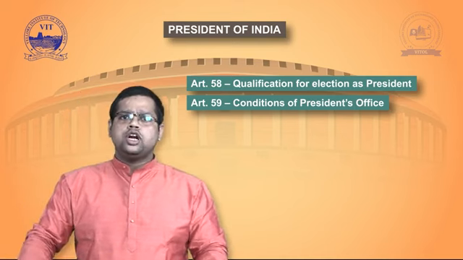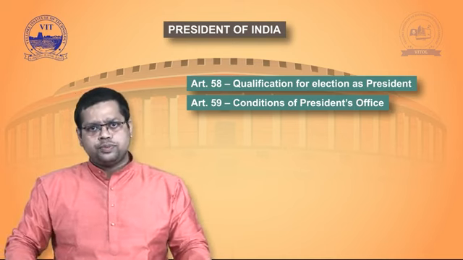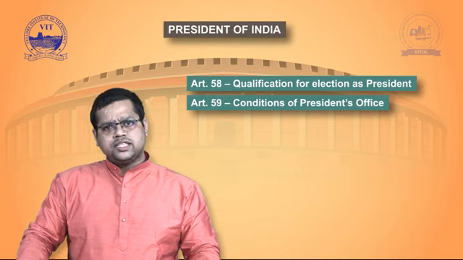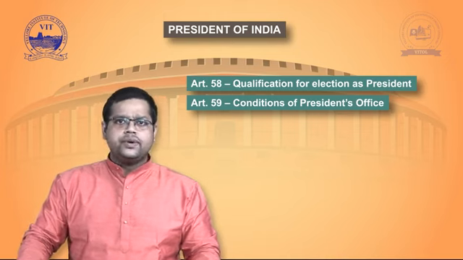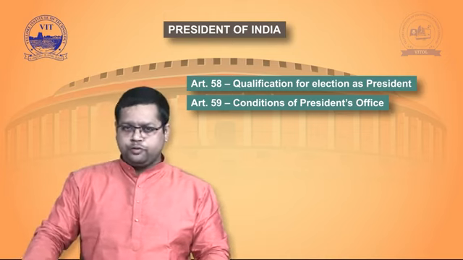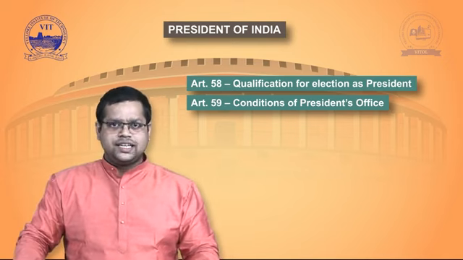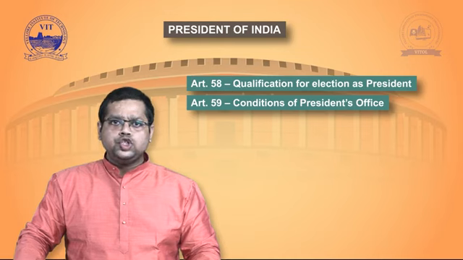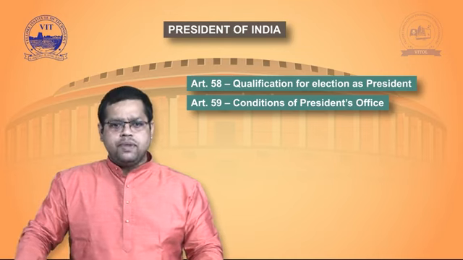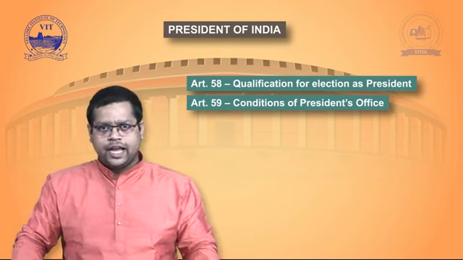Same is the case for not having any office of profit. Along with the presidential position, various allowances, salaries, emoluments and benefits are conferred upon the person who is holding the post of the president, and he is entitled to enjoy all these perks and benefits in accordance with Article 59.